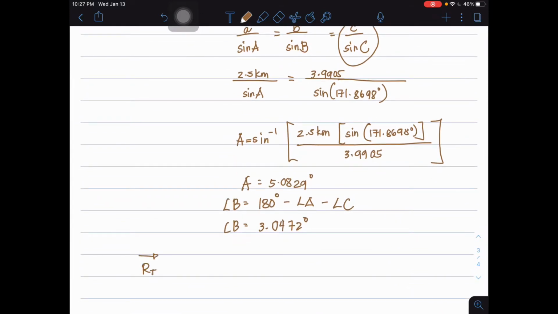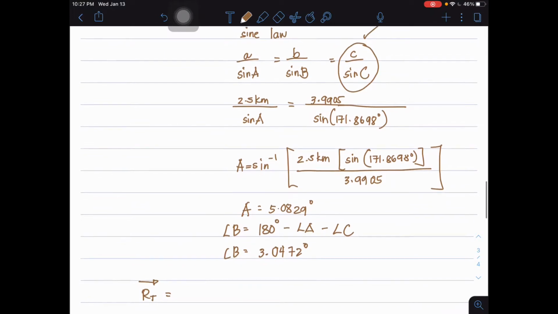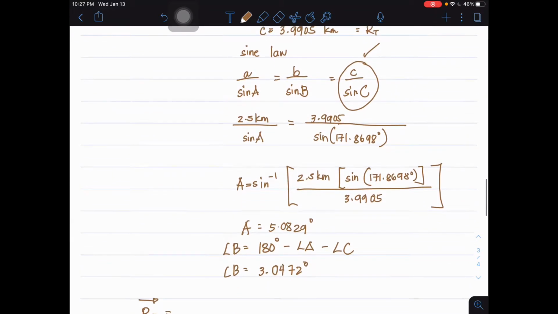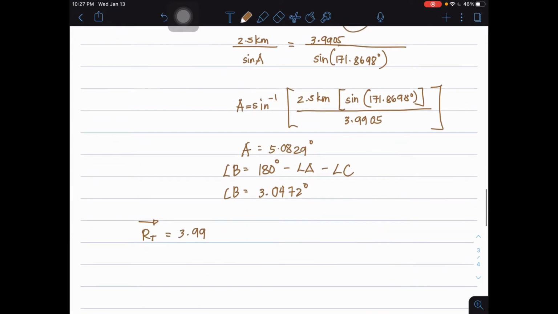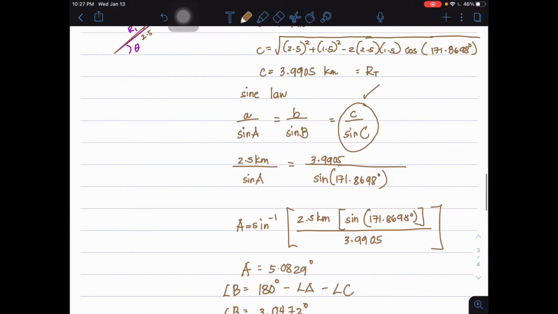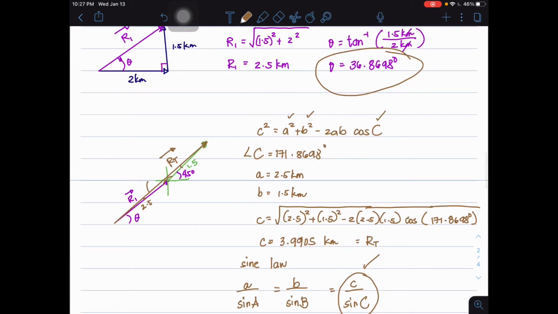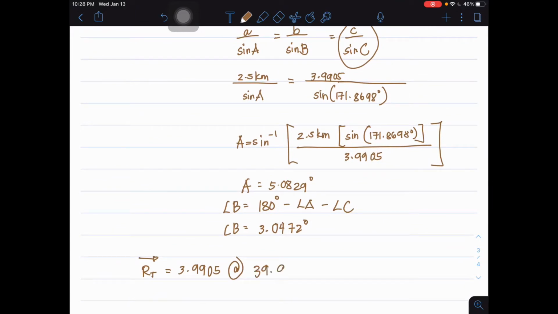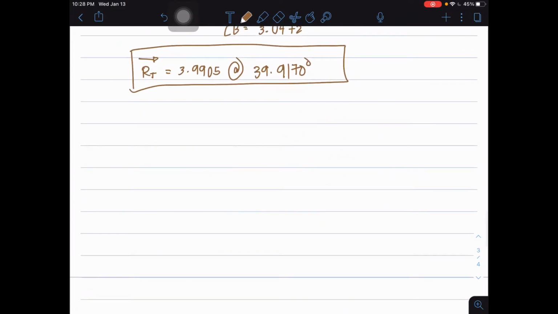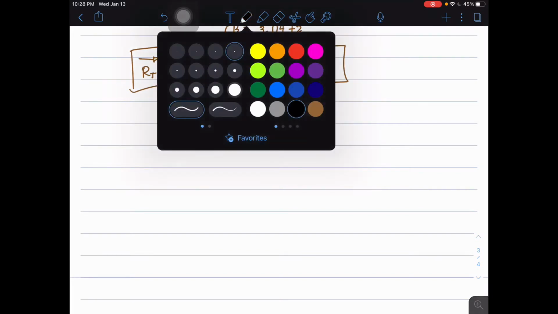Therefore, the resultant vector is equivalent to 3.9905 at an angle of 39.9170 degrees. Okay, that's our resultant vector. That is using parallelogram. Now we have the easiest way, which is the component method.